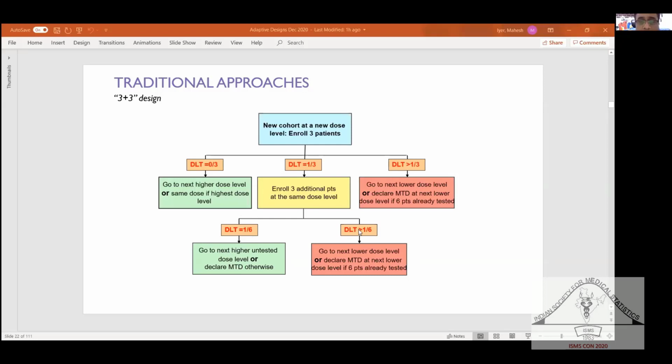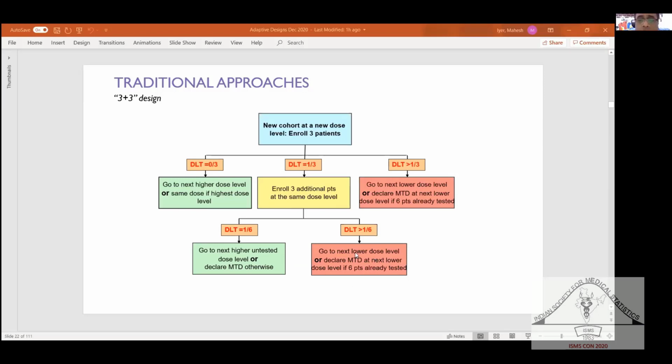But what happens if out of the remaining 3 also, the new 3 that you add, another one or more also has a DLT? So now your DLT is more than 1 out of 6. So it's either 2 out of 6 or 3 out of 6 and so on. In that case, you're red. So you have to stop. Now you're saying that my DLT is too high.